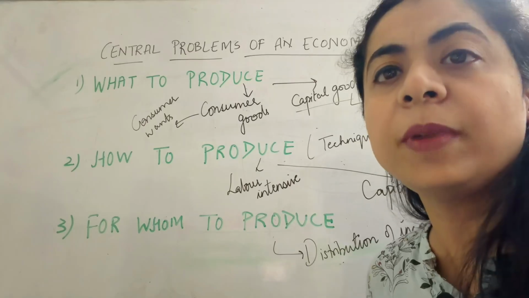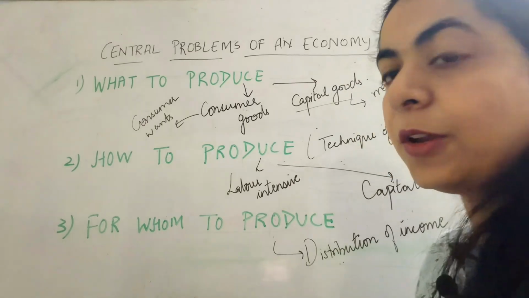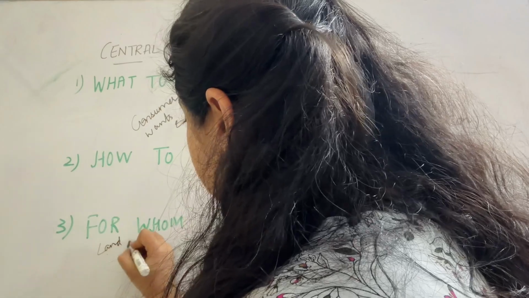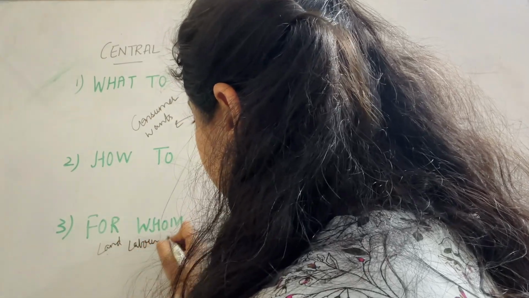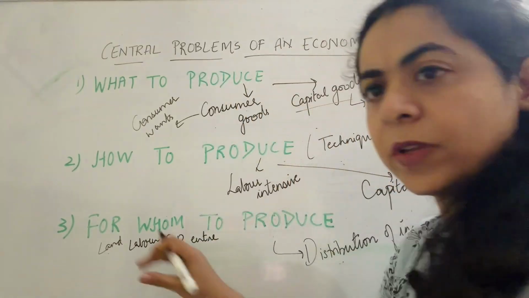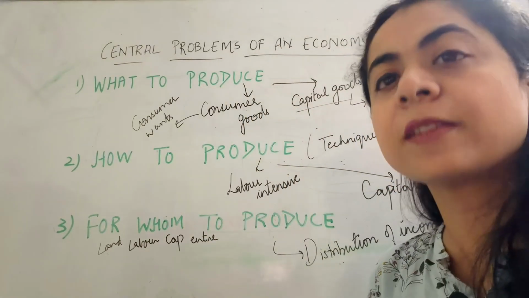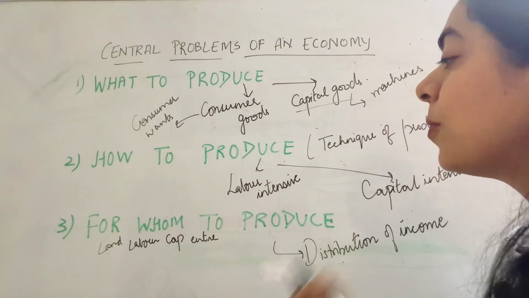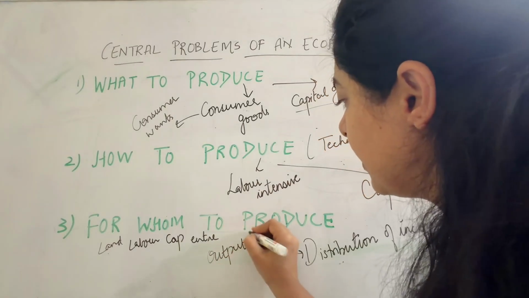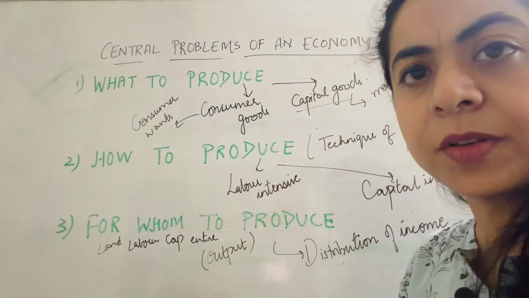Because in any economy, goods and services are produced using four factors of production: land, labor, capital, and entrepreneur. So when these four factors of production provide their factor services for producing the output in the economy, they will be getting factor payments in return.